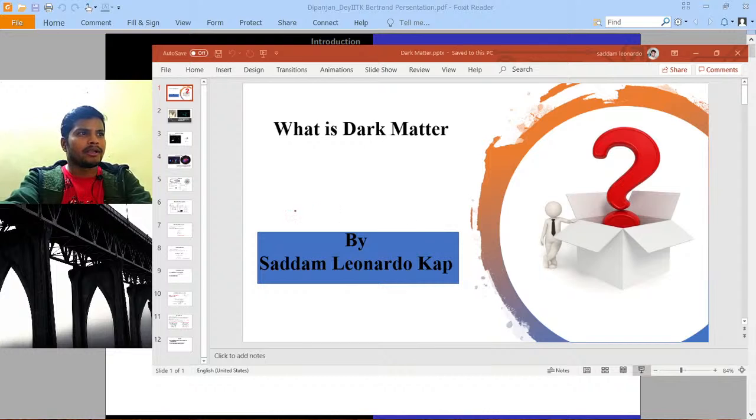The velocity of the outermost stars or galaxies remains constant. How is it possible? He proposed that maybe the mass increases as you go out from the center of the Milky Way or the Coma cluster.